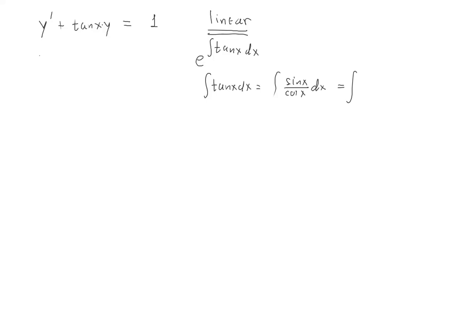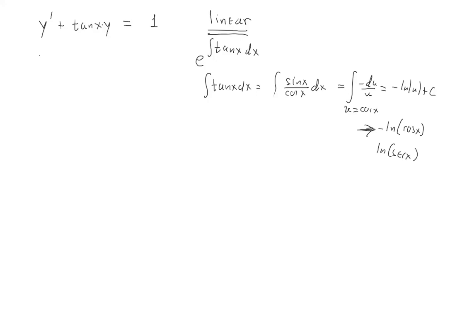So you will get minus du over u, with u equals cosine x. That will give you negative ln of absolute value of u plus c. And here we obtain minus ln of cosine x, which is ln of secant x, right?